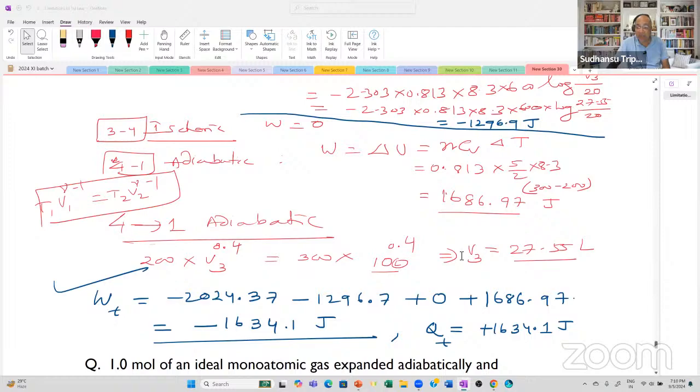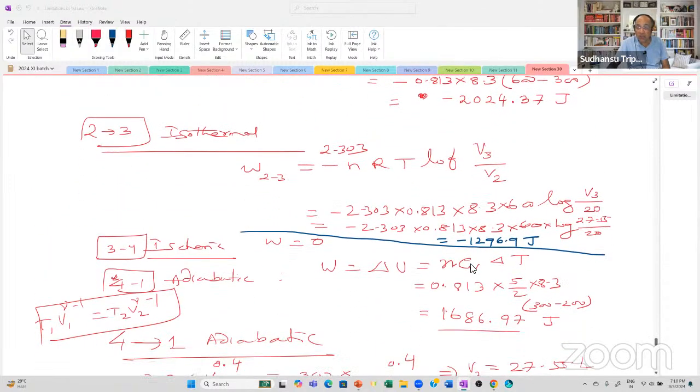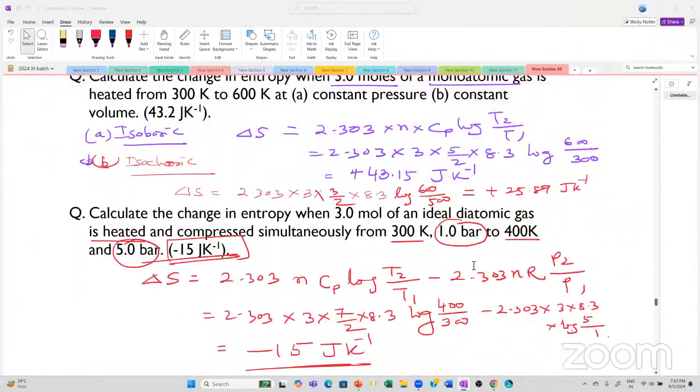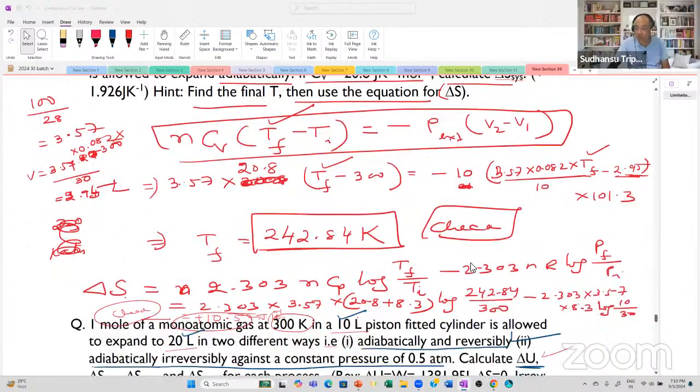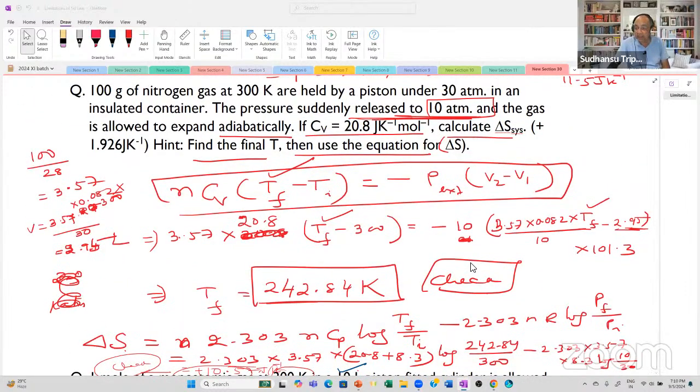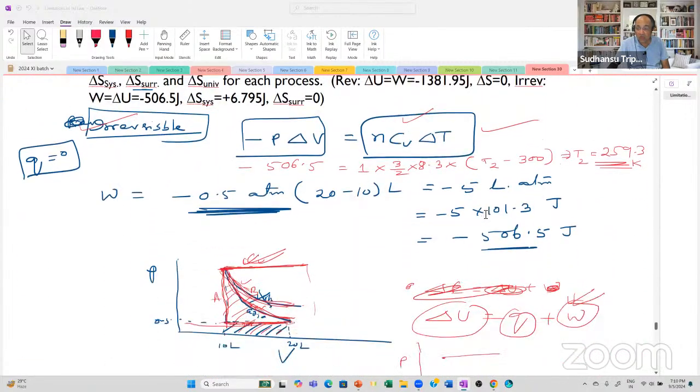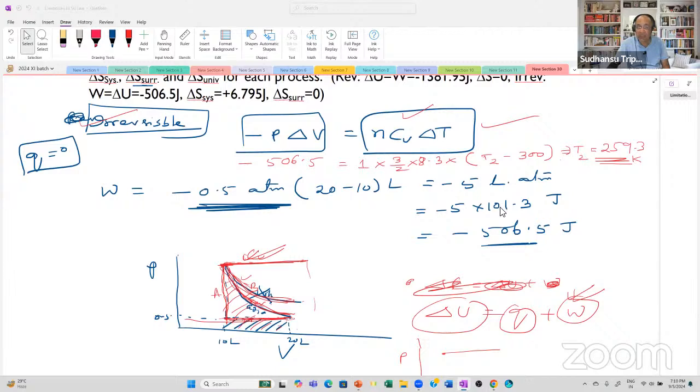So the final temperature that we found out was 259.3, yeah, it is 259.3, and that will be used here to find del S. Del S that we are finding out in the irreversible. We have not yet come to the reversible.